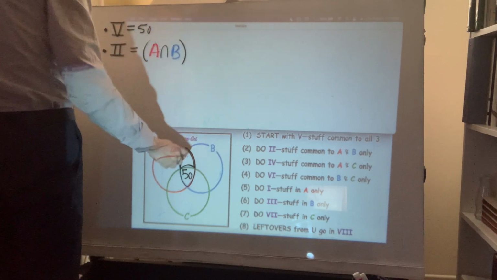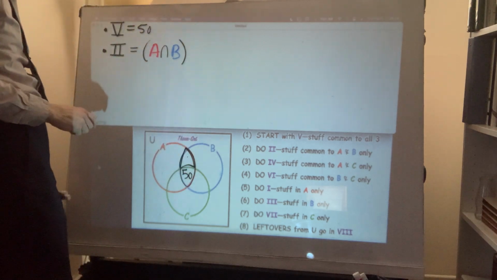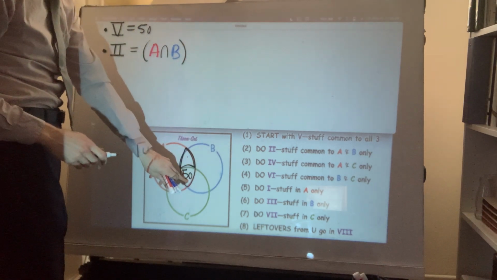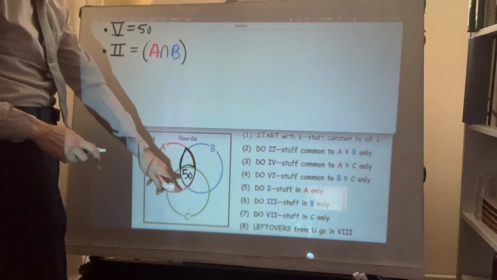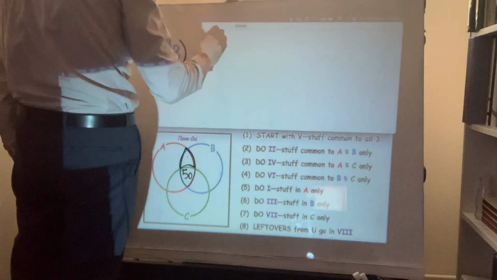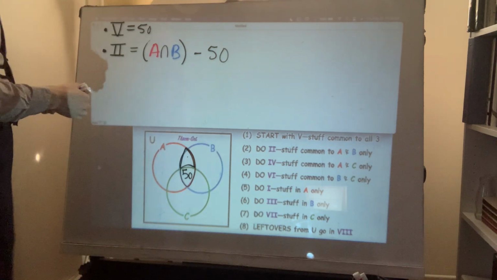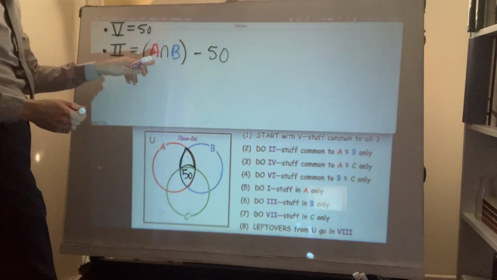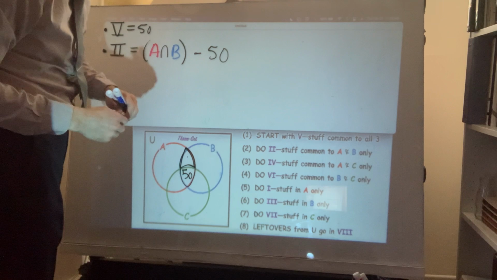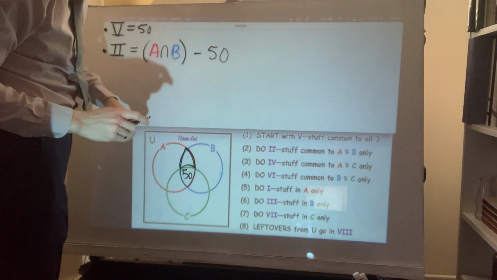Their intersection is the whole biscuit, minus the portion of it that we now know for sure. So this number minus 50. How much is actually this number? We were already told that it is 140, right?